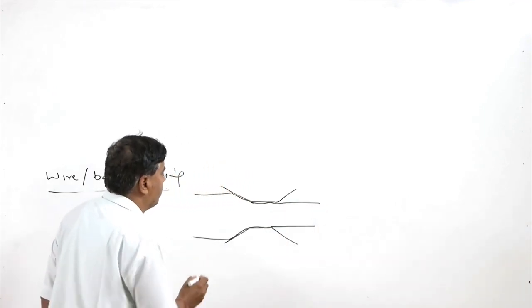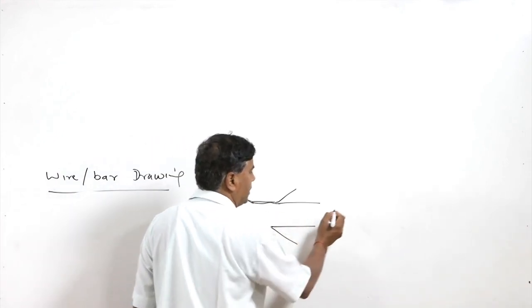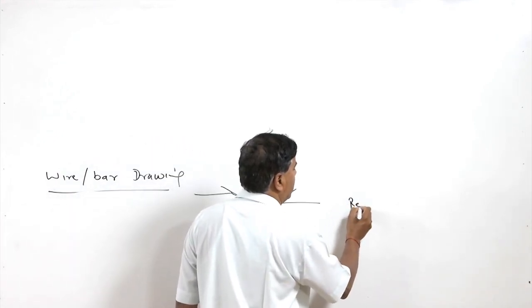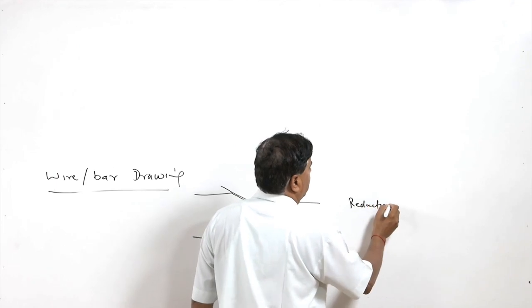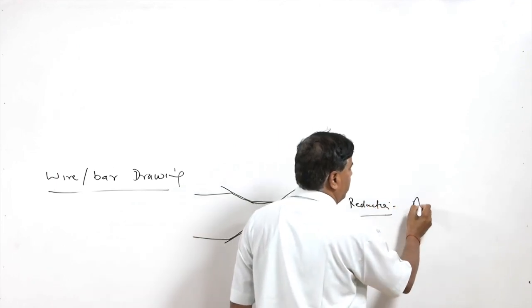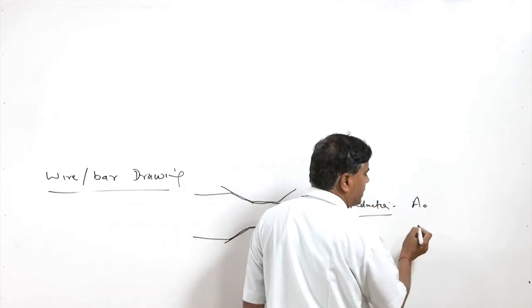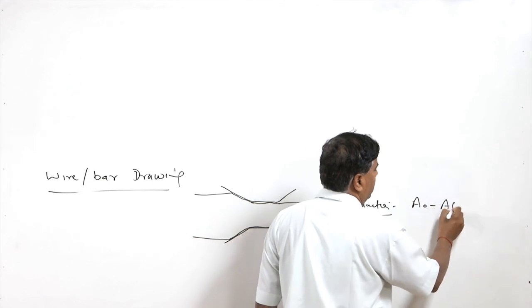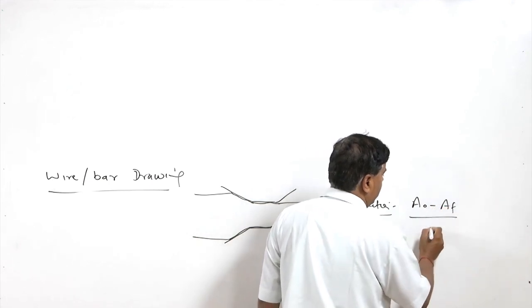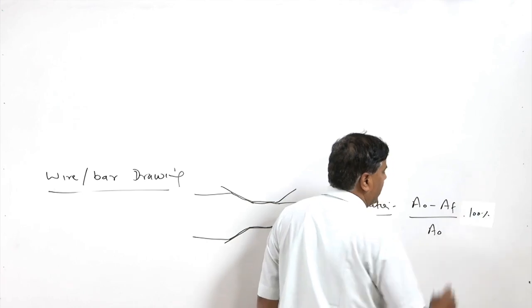This reduction is expressed in terms of percentage: the initial cross sectional area minus the final cross sectional area, divided by the initial cross sectional area.